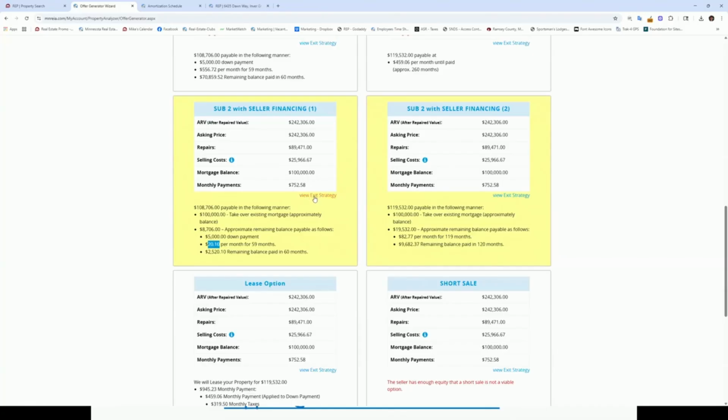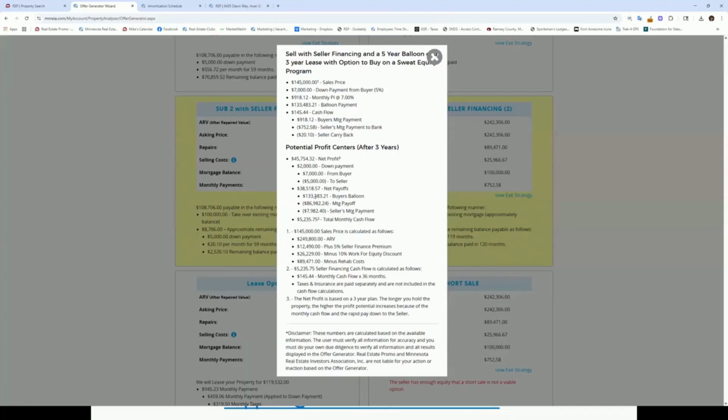However, if we look right here, it says view exit strategy. So the exit strategy is going to show us, well, how would the numbers work out? And here it's saying that for us, a cash flow calculation of around $145.44 a month, which means that I could probably bump that $20 up to about 75, which would take about $50 out of that.